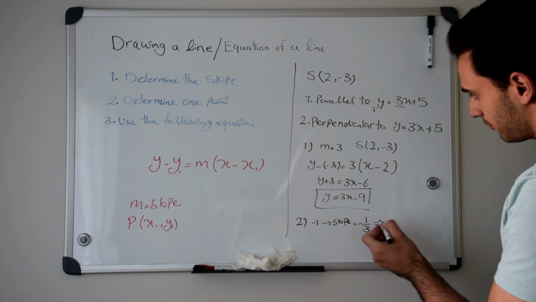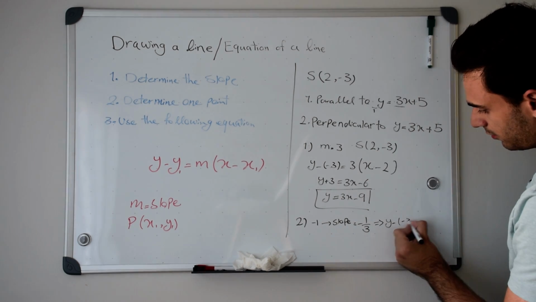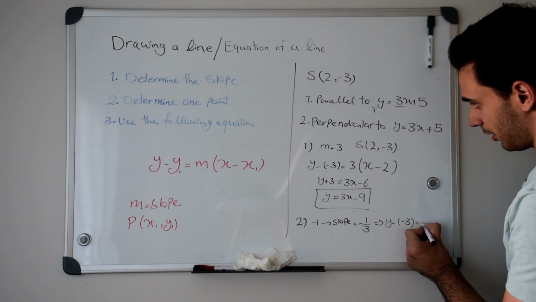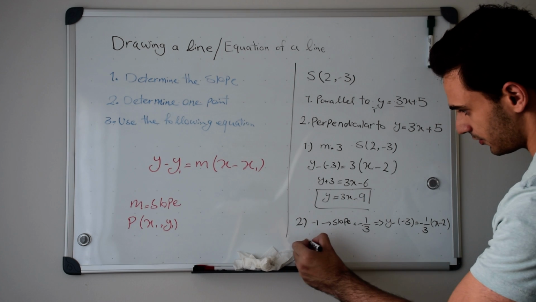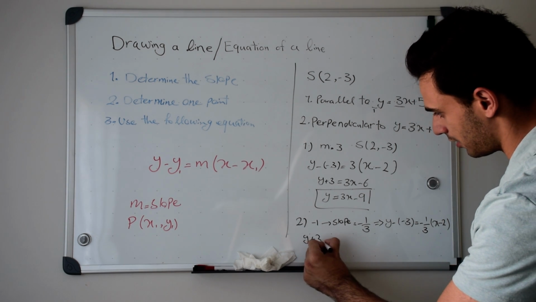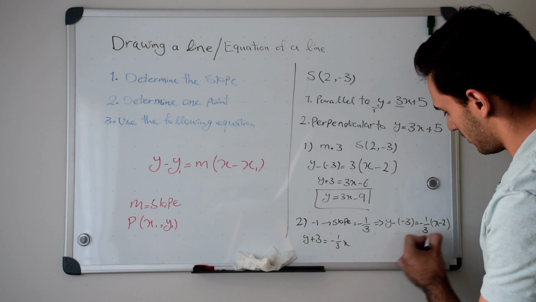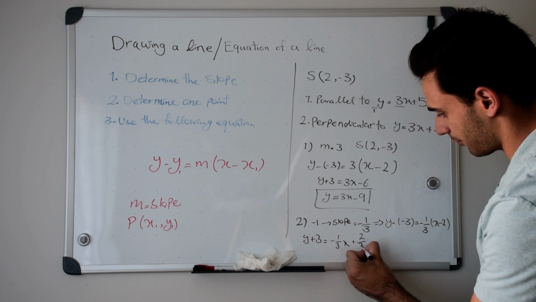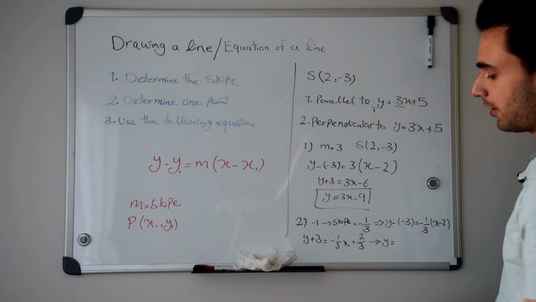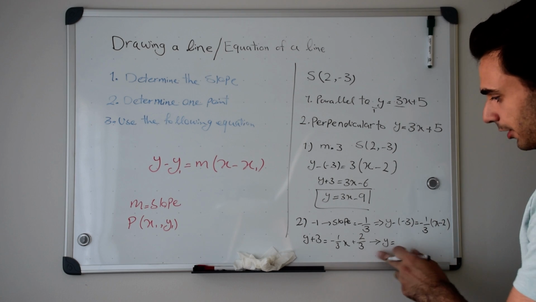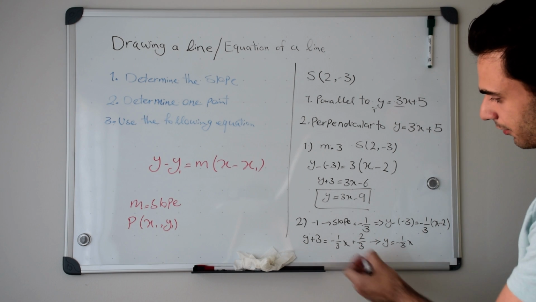So I have this slope, I have the point, there you go, easy, right? So I can write y minus, again, minus 3 equals minus 1 over 3 times x minus 2. What is the answer? Y plus 3 equals minus 1 over 3x plus 2 over 3. Then I'm going to write it in slope-intercept form: y is equal to minus 1 over 3x plus 2 over 3 minus 3.